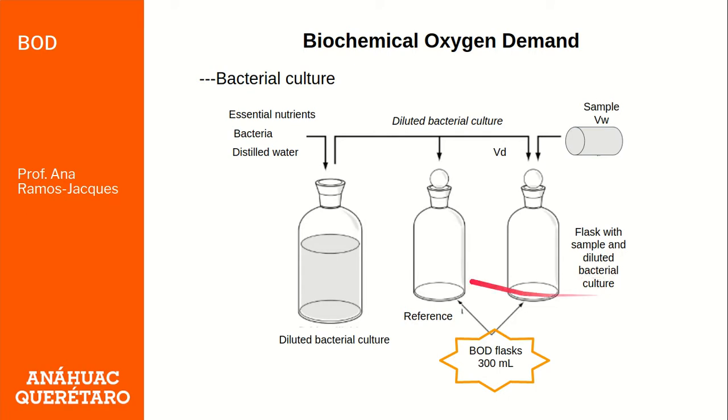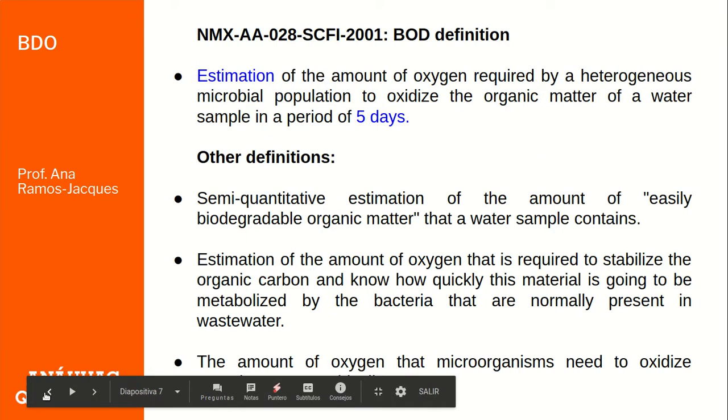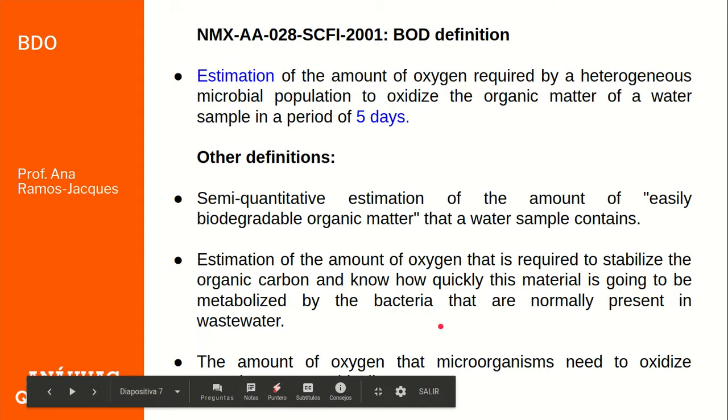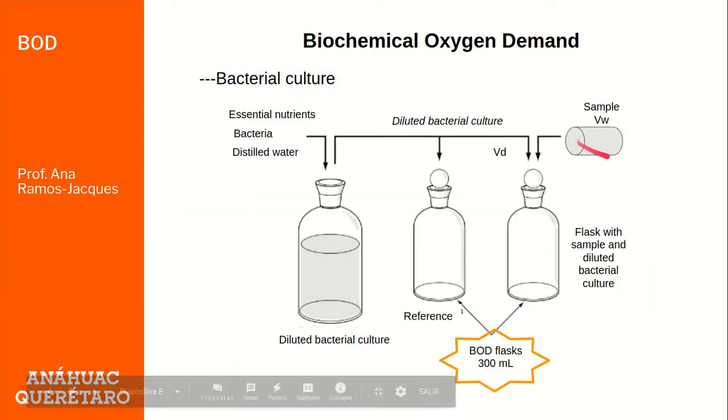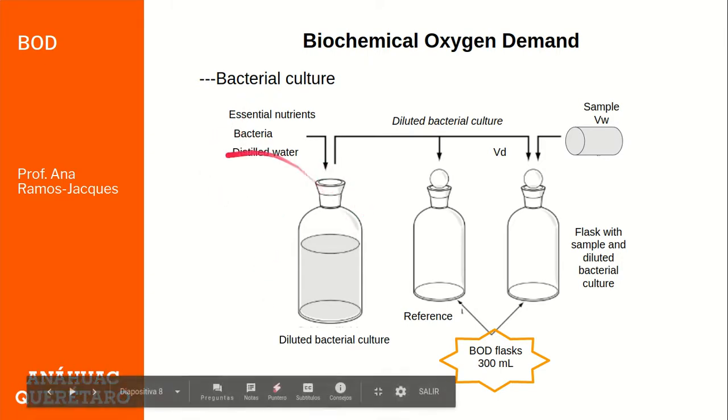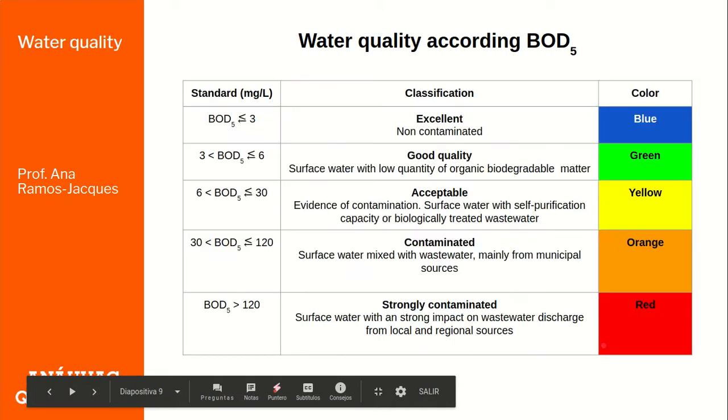So here we have the flask with the sample diluted with bacterial culture. Then we have two types of measurements of the biochemical oxygen demand. One is the estimation over these 5 days without the wastewater sample added directly, and the other option is using a bacterial culture to measure the BOD.